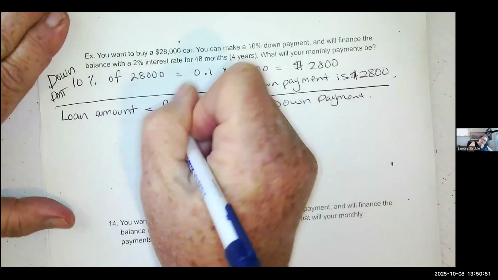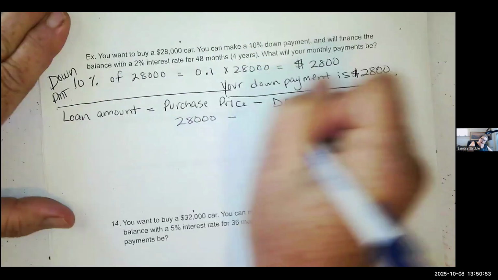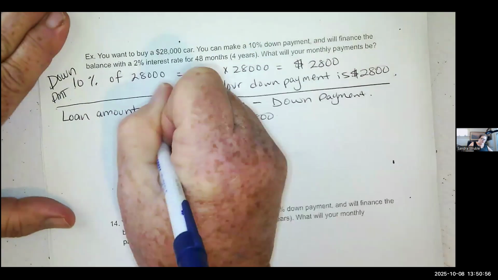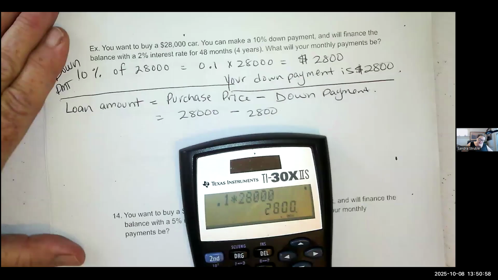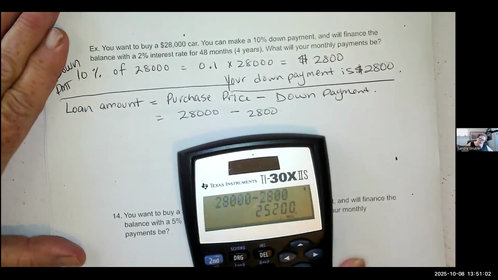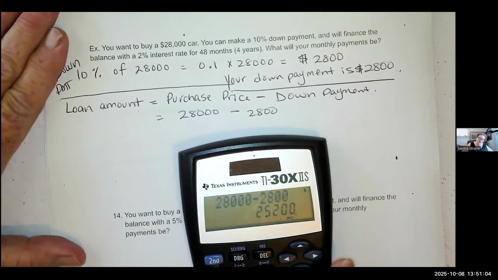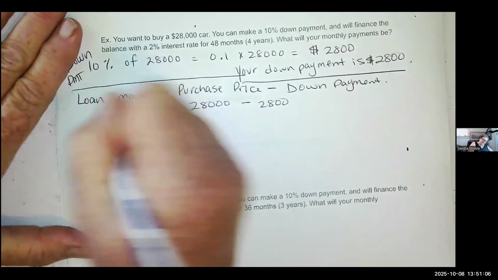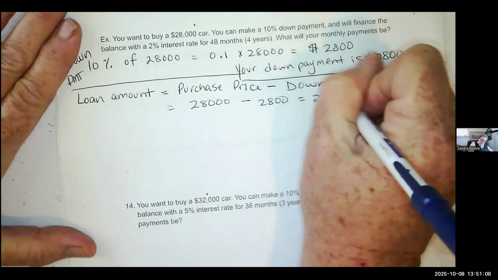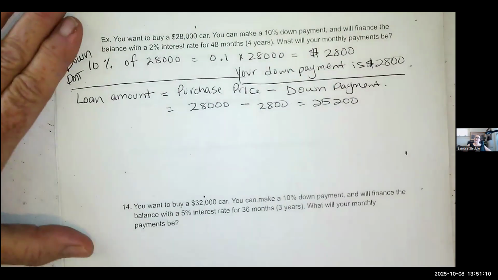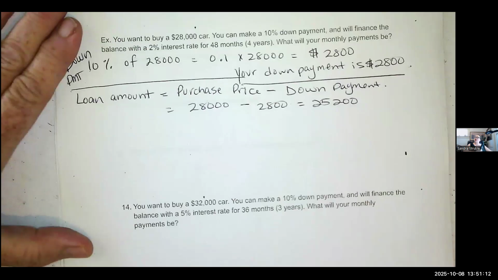So your loan amount is the 28,000 minus the $2,800. So your loan amount is $25,200. That's how much you're borrowing from the bank to get this $28,000 car because you've already given $2,800.